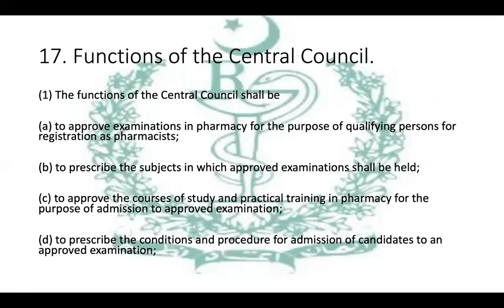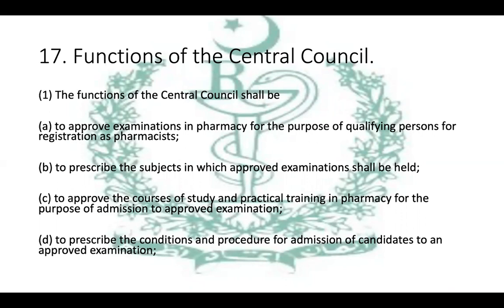To approve examinations in pharmacy for the purpose of qualifying persons for registration as a pharmacist. They have approved the examination criteria required for the registration of a pharmacist, and the courses are designed accordingly.